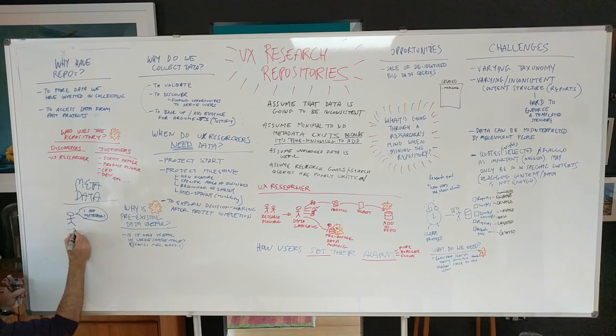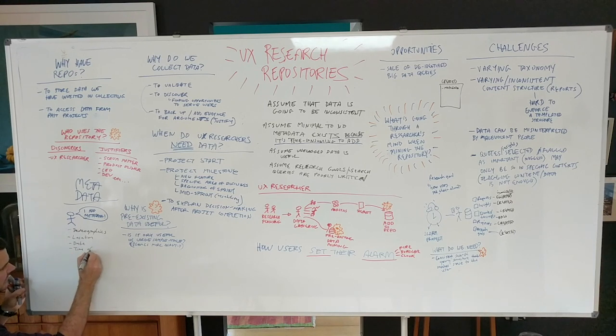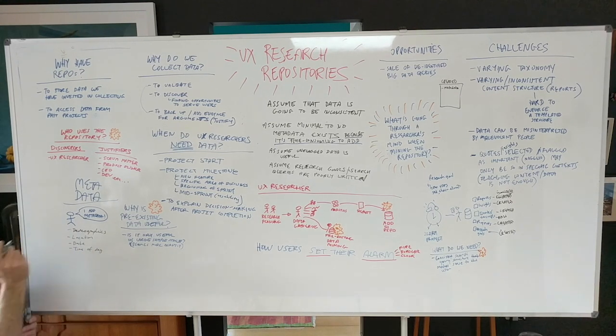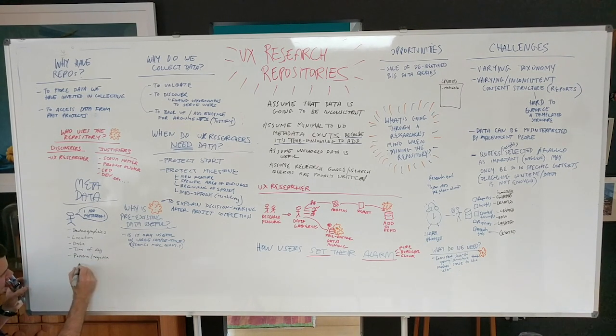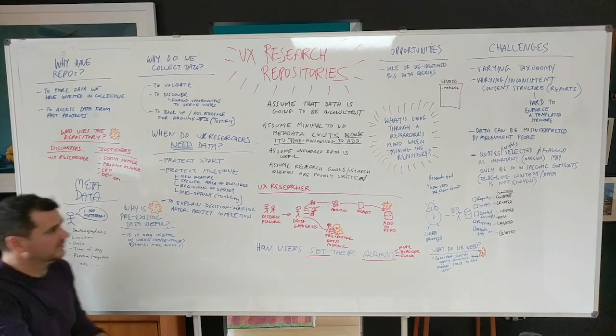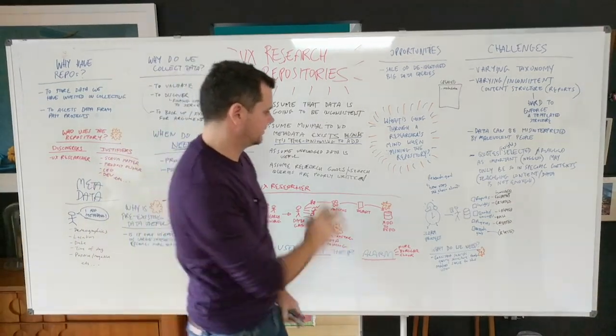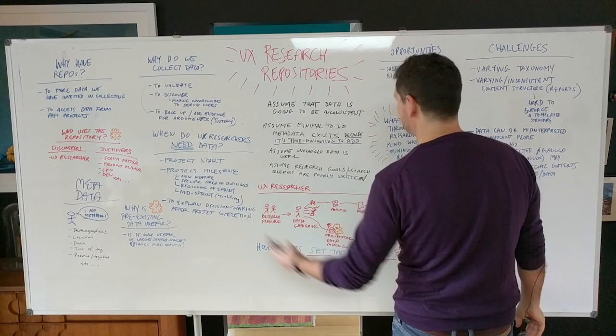So, demographics, location, date, time of day, if they're talking about in the morning or whatever, positive or negative, etc. Whatever the researcher putting the stuff in is able to enter.